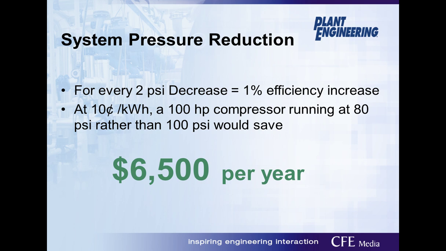And system pressure reduction, what does that look like? There's a rule of thumb that says for every 2 psi, it's a 1% efficiency decrease. At 10 cents a kilowatt hour, for 100 horsepower, running at 80 psi rather than 100 psi would save you $6,500 a year. So again, a big savings just from lowering the pressure. But you can't just go out to your plant and start cranking pressure down.